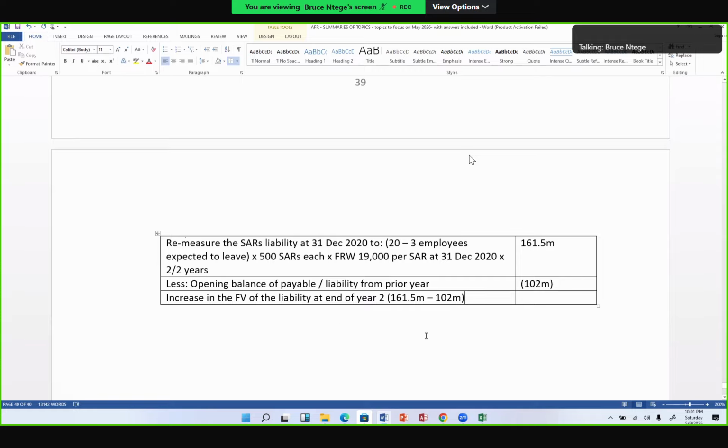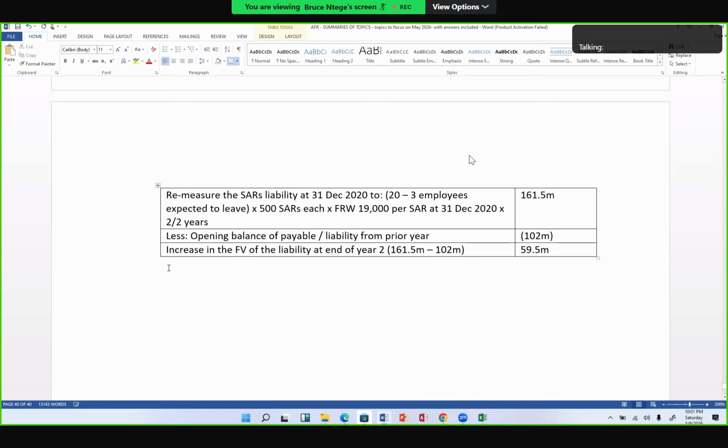So that's the additional liability I'm going to account for. That's the change in the liability, which I'm taking to the P&L. So that figure is the one I'm interested in, and this is recognized in year 2.